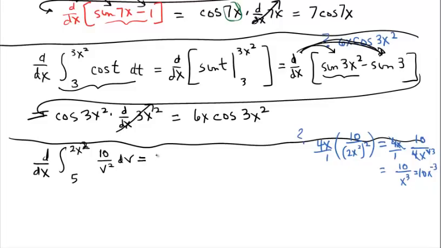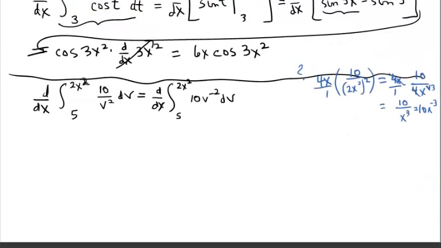Hopefully I can get that done quickly here. Okay. All right. Hold on to the derivative operator. Okay. Rewriting: 10 v to the negative 2 dv. All right, so let's go ahead and continue with this problem.